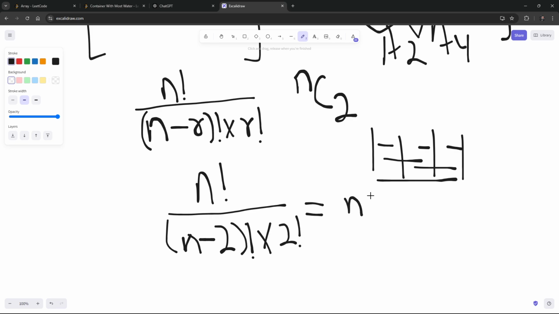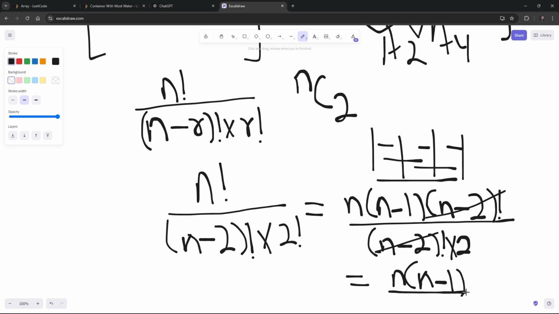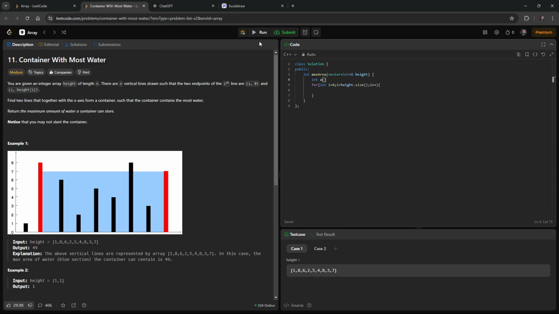So what we have to do is n into (n minus 1) into (n minus 2) factorial, or we'll simply put it like this, (n minus 2) factorial into 2. So we will cut this with this, and it becomes n(n minus 1) by 2. This is just like the edges of a complete graph. So n(n minus 1) by 2, that's the size we need.